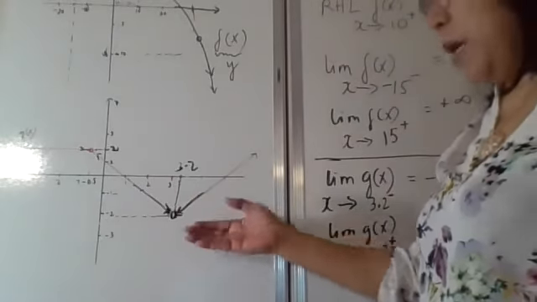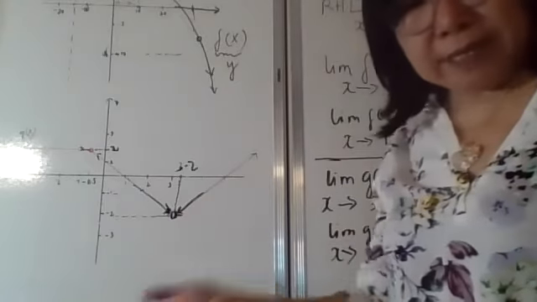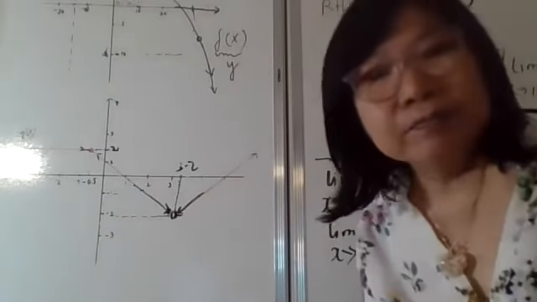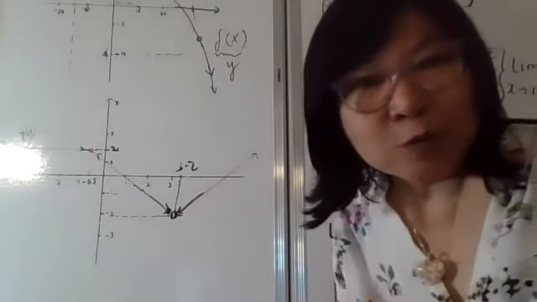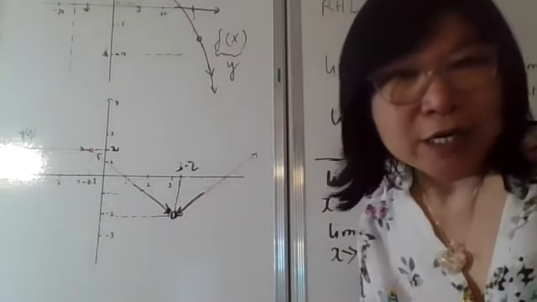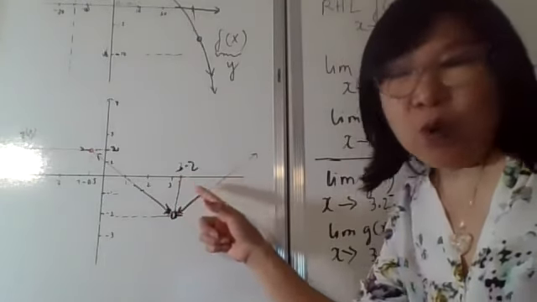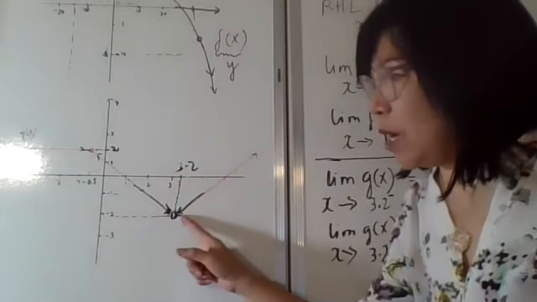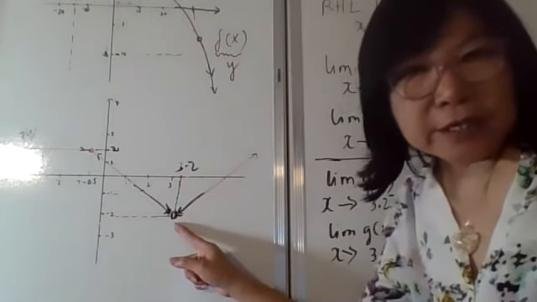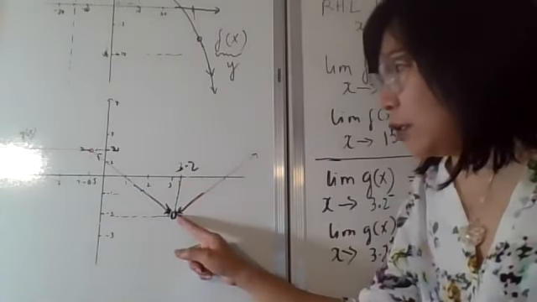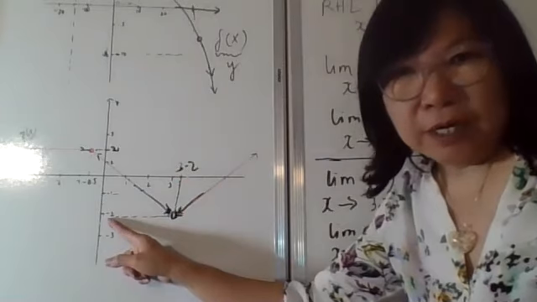Because we're talking about approaching, it doesn't have to be exact, just getting very close. So what is the value y approaches on the right-hand side when x approaches 3.2? The value of y gets close to minus 2.